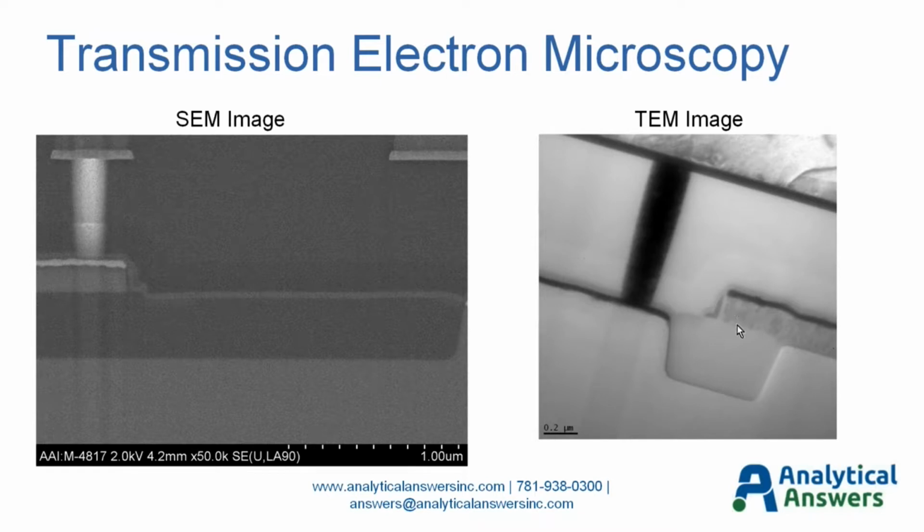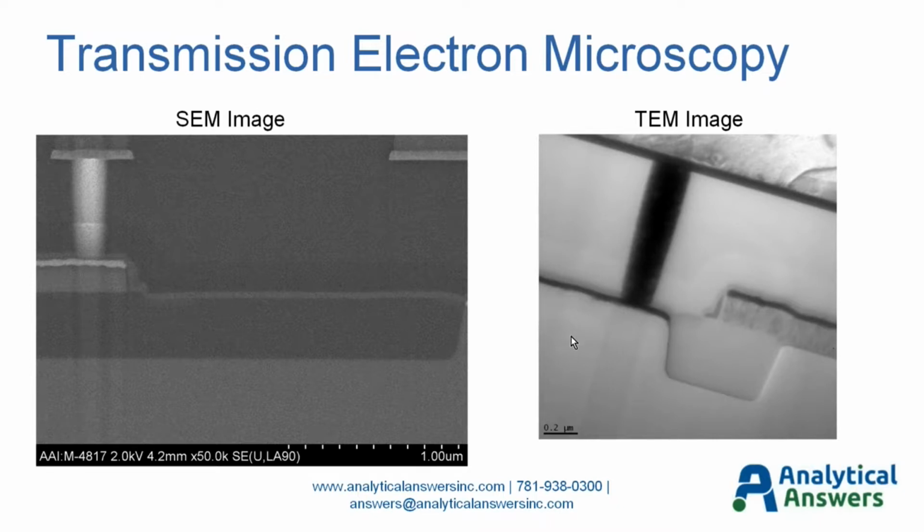But you can see that the diffraction contrast is allowing us to see the polycrystalline nature of the poly gate. You can see the spacer material that's being used at this edge is very clearly defined, where it's a little tough to make out in the SEM image. Same with this interface boundary between the two dielectric materials.